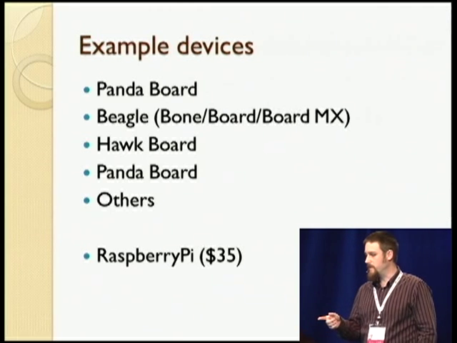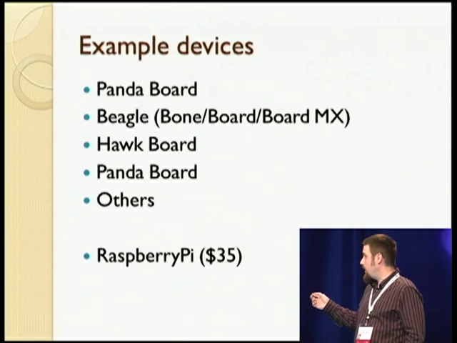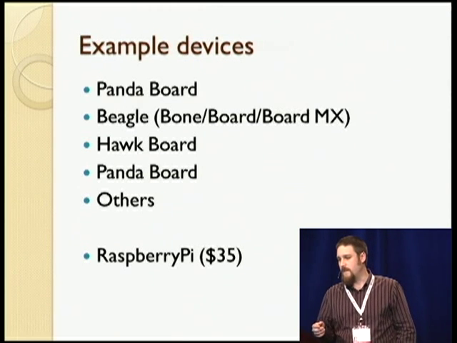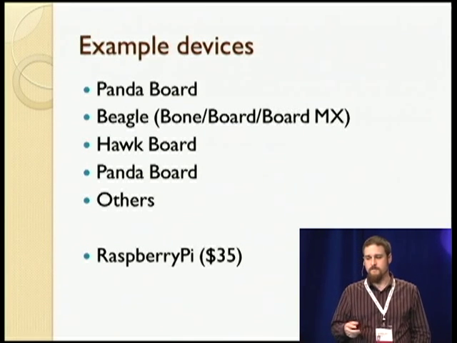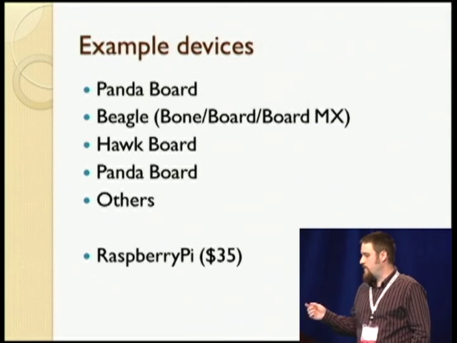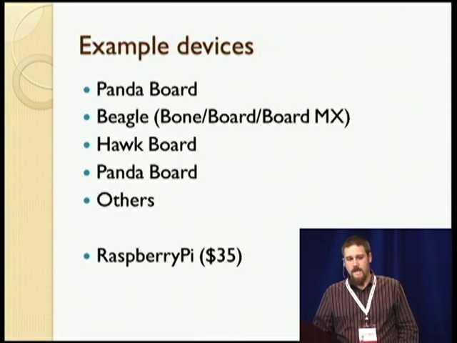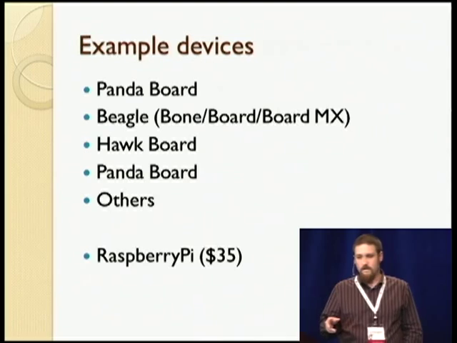So here are some example devices, and other than the Raspberry Pi, all of these run the Angstrom Open Embedded distribution. And my understanding is that people are working on getting the Angstrom Open Embedded distribution on Raspberry Pi. And the Angstrom distribution takes care of a build system for you if you want to do cross-compiling of Python and extensions.